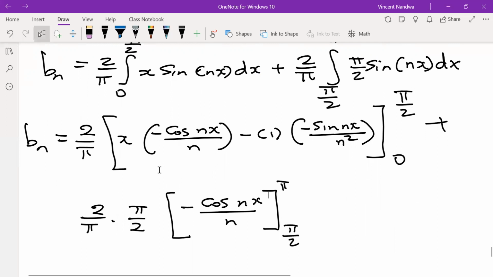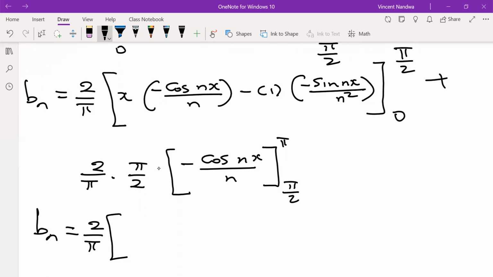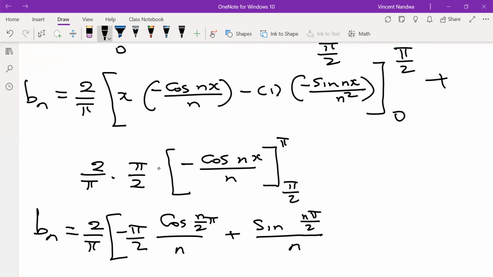Now, when I put in the limits in the first case, I get Bn is given by 2 over pi times minus pi over 2 times cosine of n pi over 2 divided by n, plus sine of n pi over 2 divided by n squared, plus the second term.